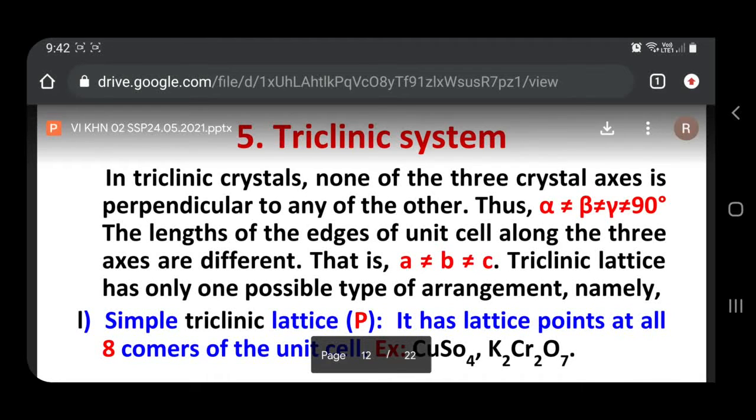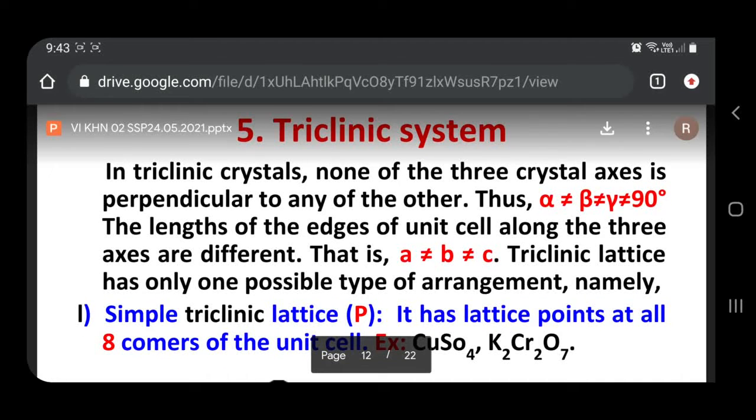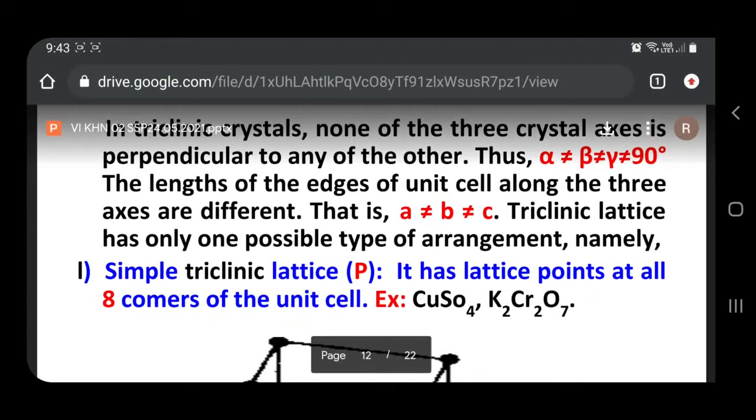All are oblique to each other, that is interfacial angles are all the three, they are different and other than 90 degree. So alpha not equal to beta, not equal to gamma, and not equal to 90 degree. All the three interfacial angles are different, and lengths of edges of the unit cell along the three axes are also different, they are also unequal.